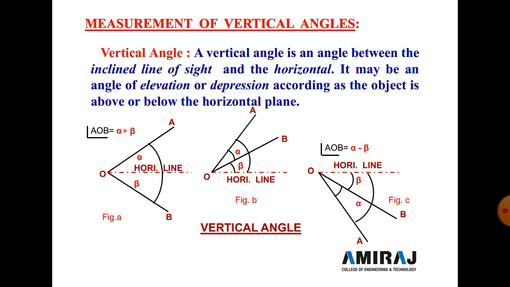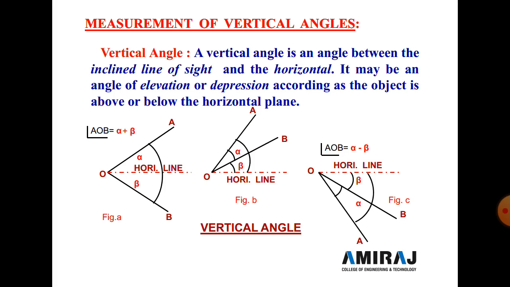So here, what is line of sight? It's an imaginary line. When the telescope is at 0 degree and perfectly leveled, the line of sight passing through the center of the object is a horizontal line of sight.